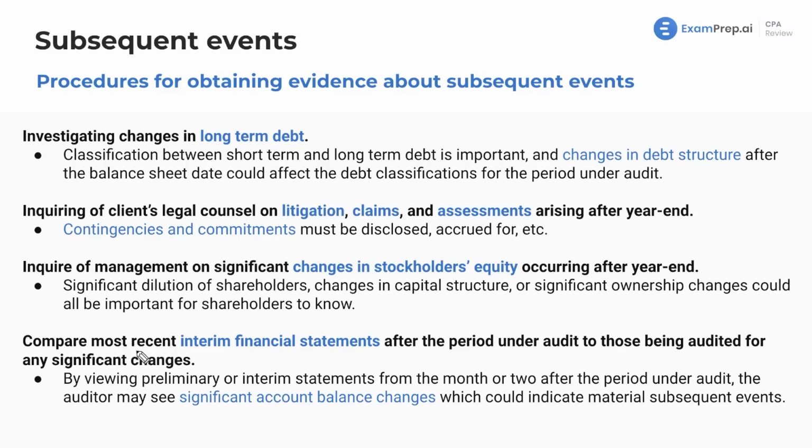We want to compare the most recent interim financial statements. So this would be maybe interim financials. Remember, that could be like January 1st to June 30th, so just a half-year financial statements. We want to compare the most recent interim financial statements after the period under audit to those being audited for any significant changes. Meaning, let's say we're auditing our 1/1 to 12/31 financials, and this is all year one.